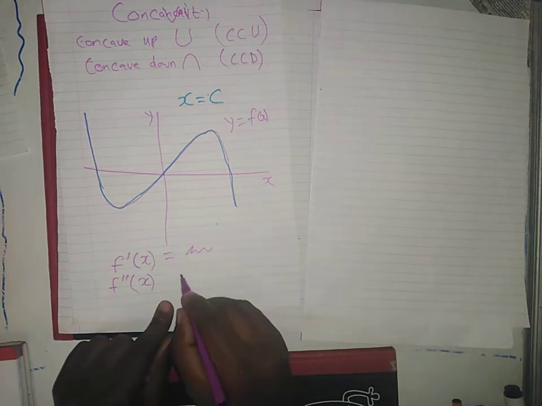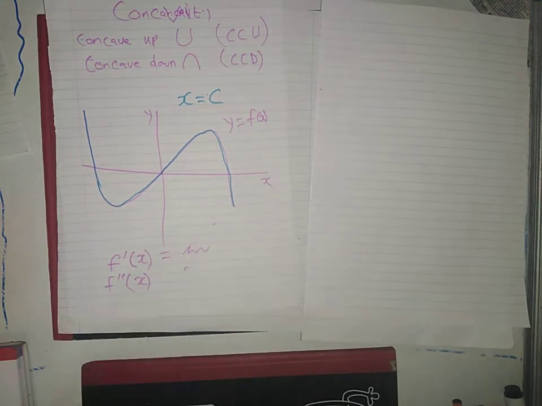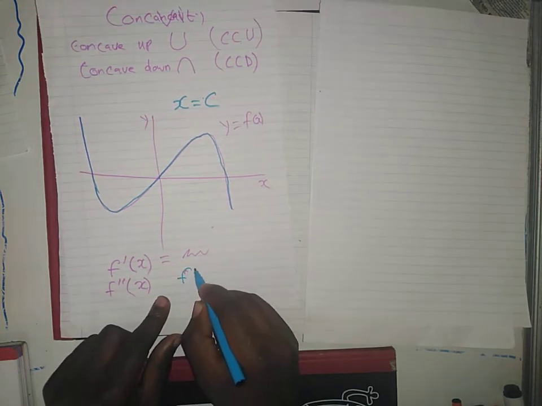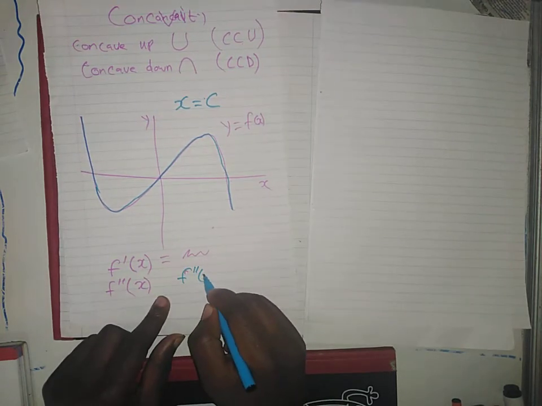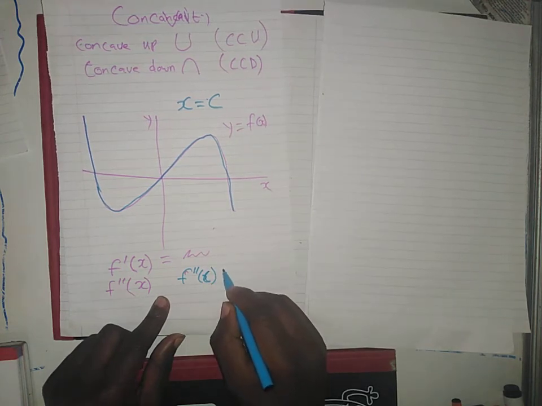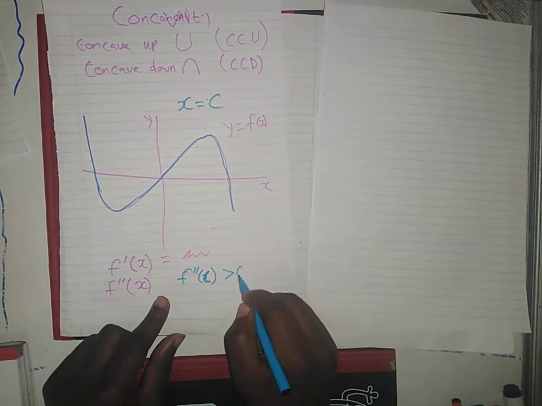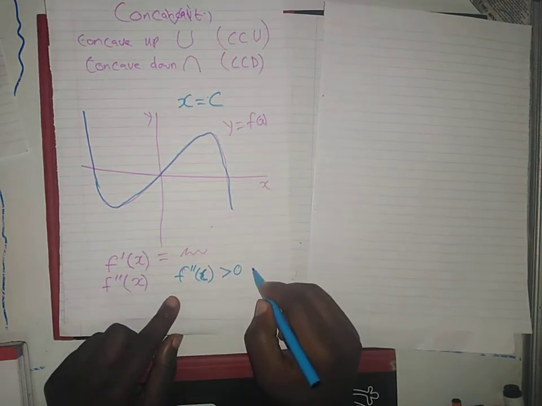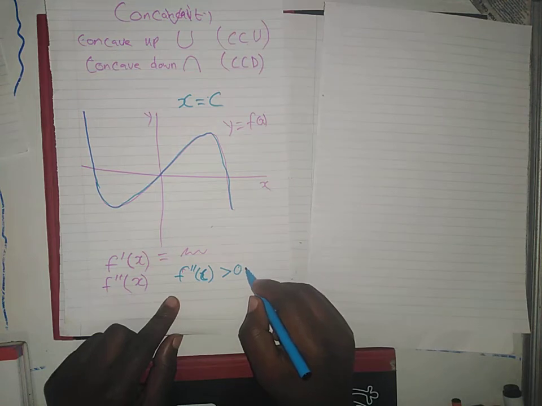Let me actually use a different color so that we can see this. If f prime prime at c, if you get a number that is greater than 0, what does that mean?